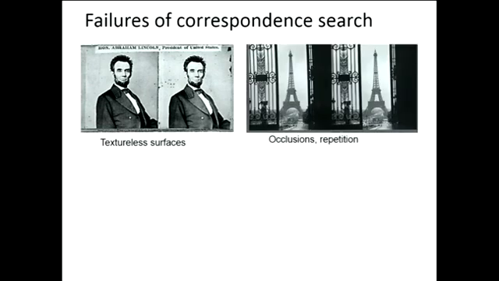Another problem is repetition and occlusions. These are actually different problems, but there will be some points in this scene that are in this image and not in the other image, because if you take a picture from two different positions, then near the edges of objects you'll have occlusion. Like this, you can see over here, you can see the base of the Eiffel Tower here, but that's blocked by the gate over here, right?